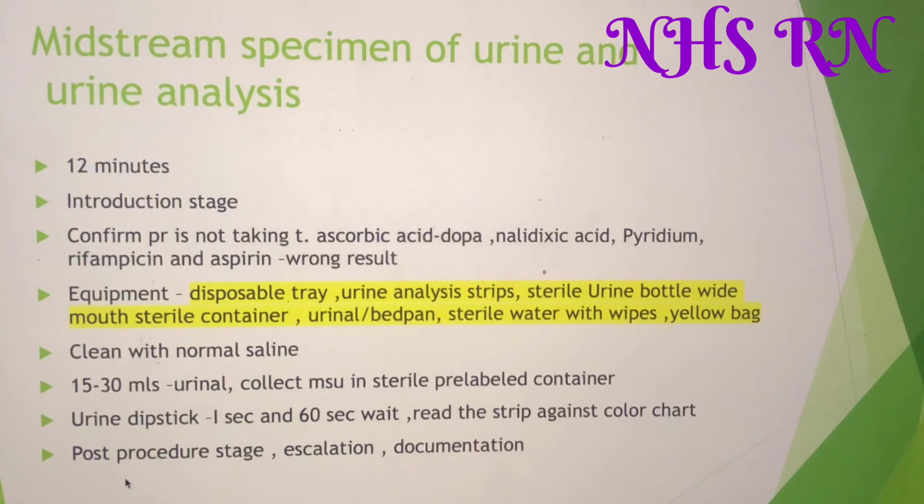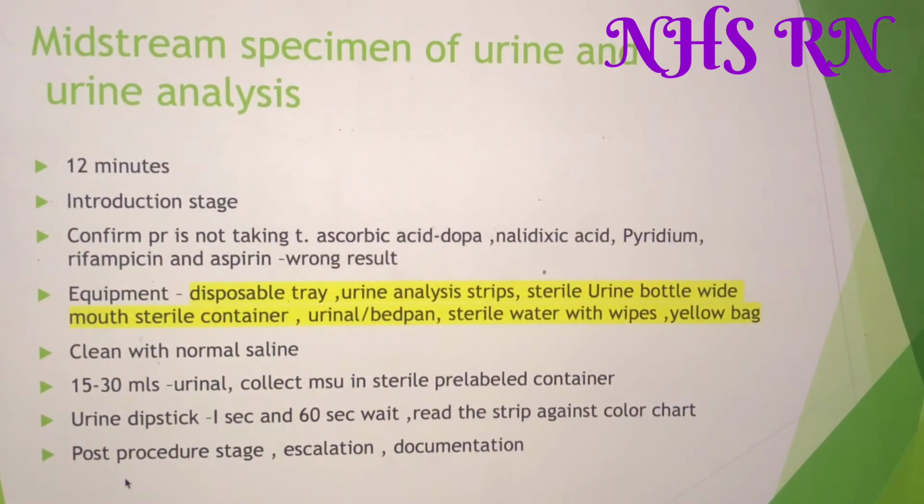The next one is midstream specimen of urine and urinalysis. This is MSU. This is also a 12-minute station. In the introduction stage, you are going to say to the patient: area safe to approach, hand gel, privacy, all the introduction stage.